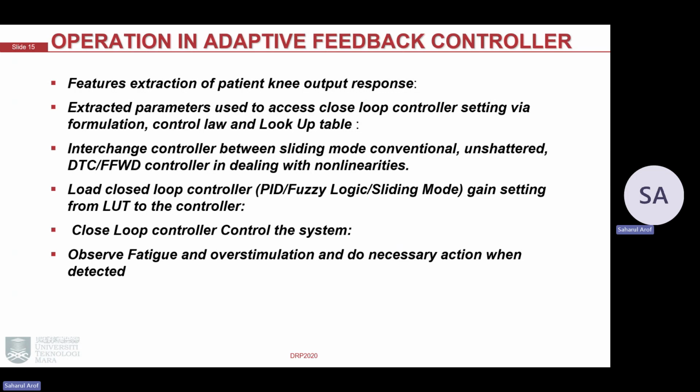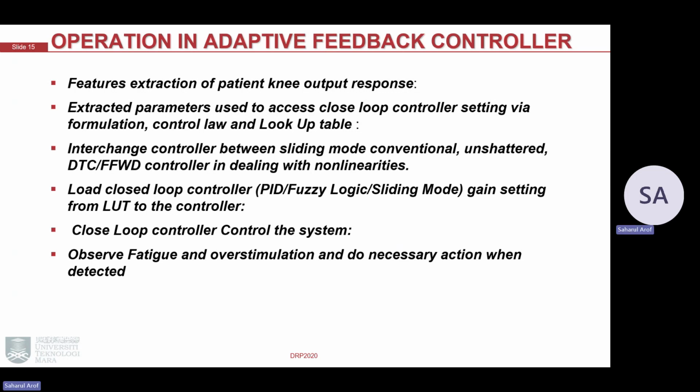It has an interchangeable controller between conventional sliding mode and unsaturated sliding mode, and direct control or feed-forward control for feed-forward assistance in dealing with nonlinearities. So when there are nonlinearities, the controller can change from using the conventional sliding mode to the more advanced unsaturated sliding mode, and sometimes it can operate the direct control and feed-forward assistance when dealing with certain nonlinearities. The closed loop controller, which is sliding mode, takes its gain setting from the lookup table.